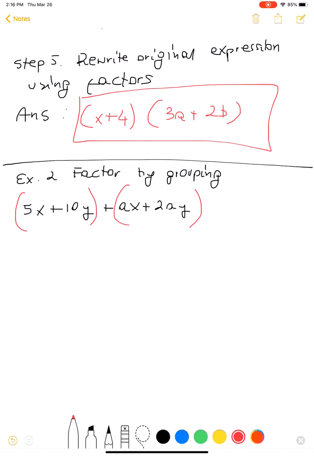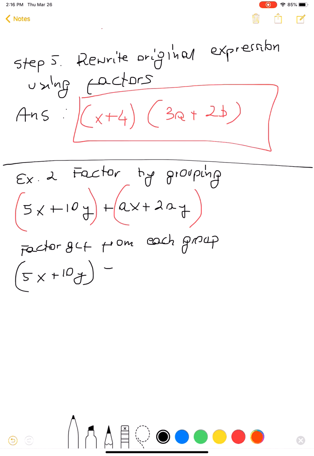Step 2 will be factor the GCF from each group. So you have 5x plus 10y. The GCF here is going to be 5. GCF between 5 and 10 is 5.